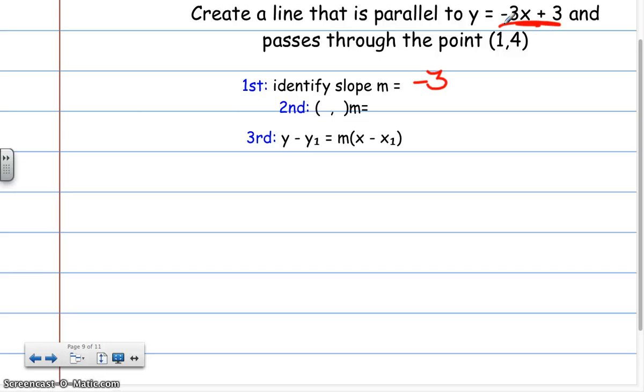Secondly, I pick a point. Well, they told me a point, 1, 4. So I have the point 1, 4, and m is equal to negative 3. And lastly, I just plug it into point slope for my choice. Again, you can use slope intercept if you want. I plug it into point slope, and I say y minus y1 is equal to my m times x minus x1.